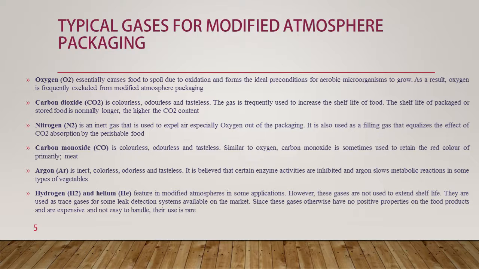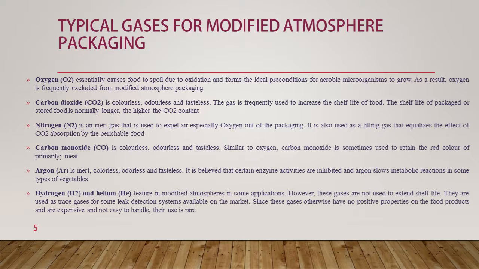Similar to oxygen, carbon monoxide is sometimes used to retain the red color, primarily of meat. Now, argon, which is inert, colorless, odorless, and tasteless. It is believed that certain enzyme activities are inhibited and argon slows metabolic reactions in some types of vegetables.